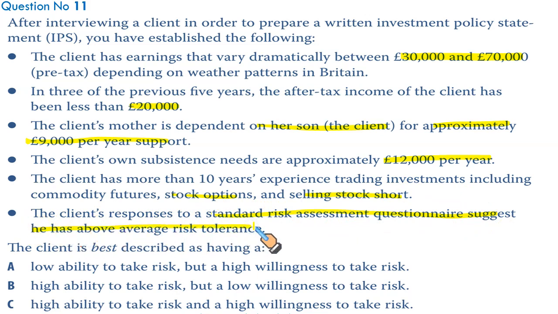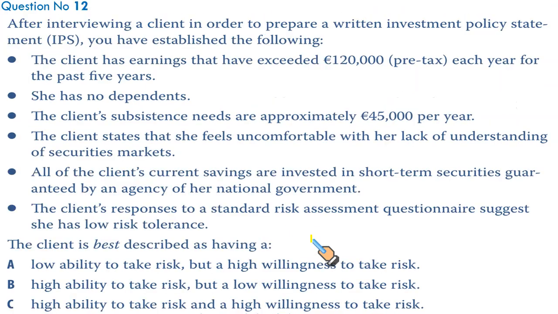Based upon this information, the client is best described as having low ability to take risk, correct, based upon his average income, volatility in income, and the dependency of his mother on him, and high willingness to take risk, correct, because he has been trading for the last 10 years and appears to have above average risk tolerance, which means the willingness to take risk. So look no further, A is the right answer.